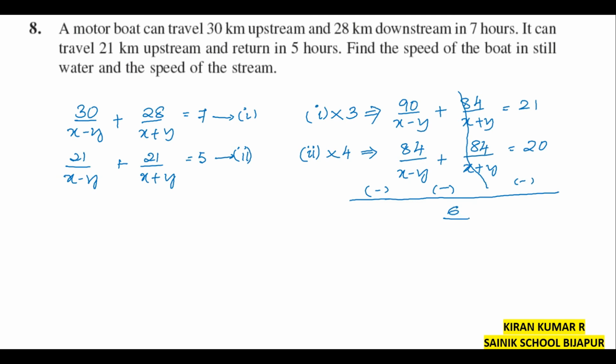So 6 upon x minus y equal to 1. So this means that x minus y, when you cross multiply, becomes 6. Let me call this as equation 3.